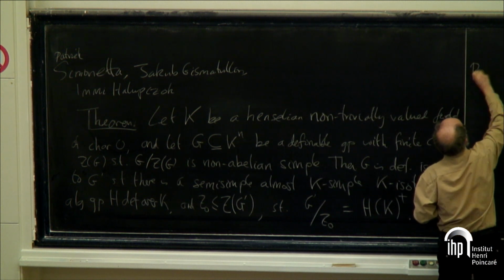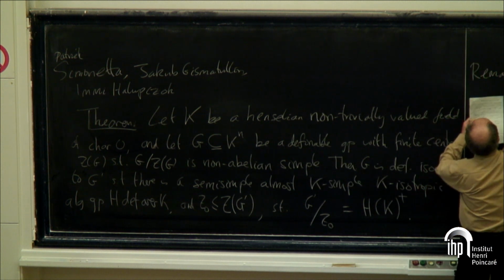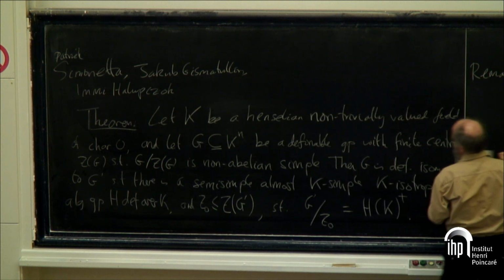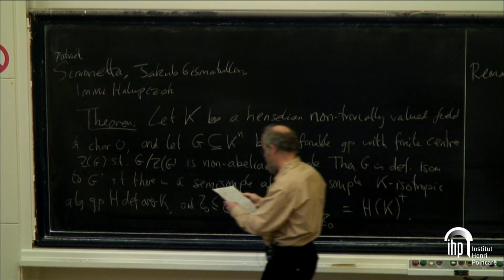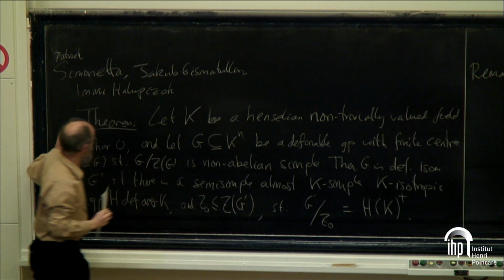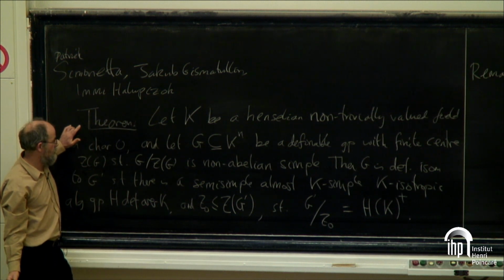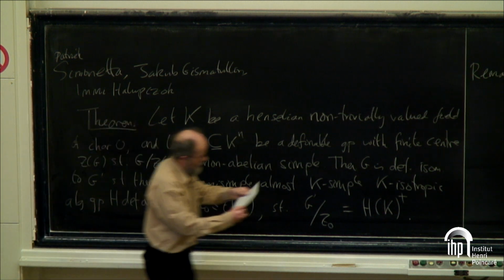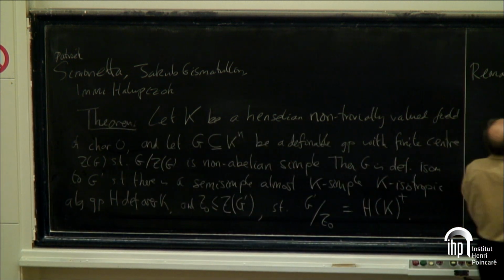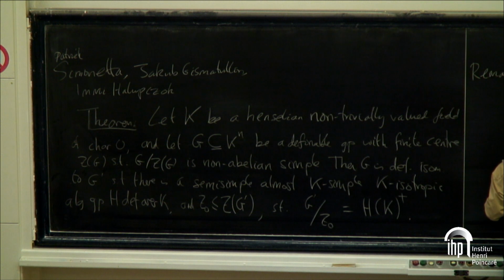So remarks. First of all, this is known for K equals Q_p if you assume G is linear. It's only known for K equals Q_p, assuming linearity.